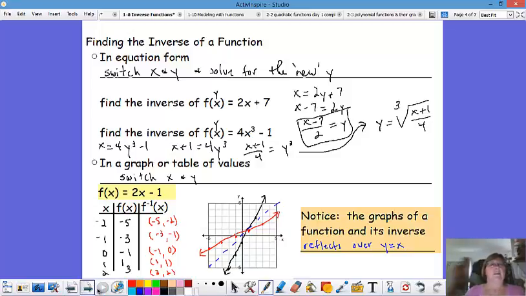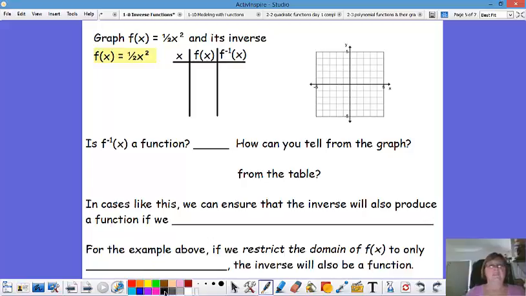Very interesting. All right, here's one we'll kick up a notch, and let's do the same thing, only this time the function's a little bit more complicated. f of x is 1/2 of x squared, so the x's that we're interested in, 0 we want in the middle, and I am going to go with my usual negative 2, negative 1, 0, 1, and 2.